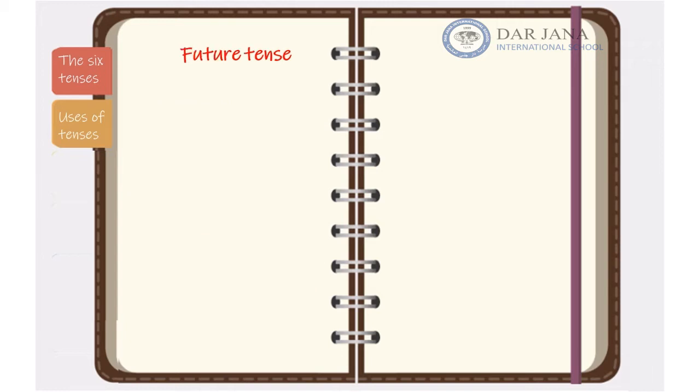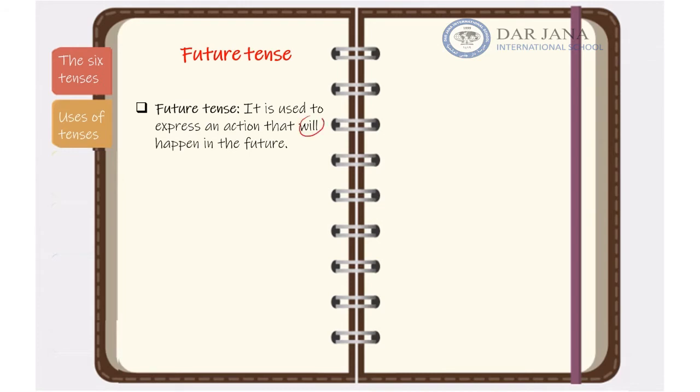Now, the future tense. The future tense is used to express an action that will happen in the future. Something did not happen, but will happen in the future. Example: I will study English very soon. Again, will study is your future tense, and the time phrase in the sentence is very soon, pointing towards the future.